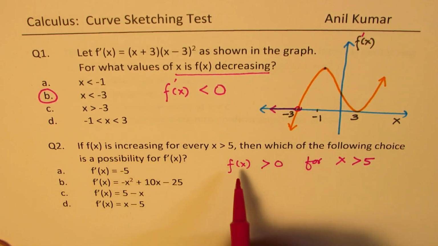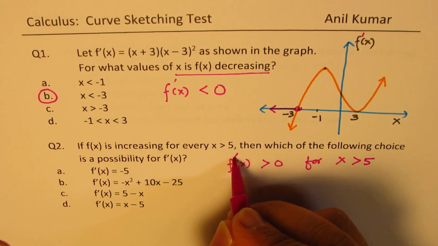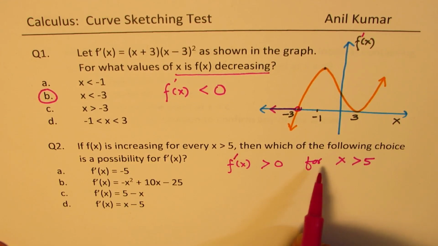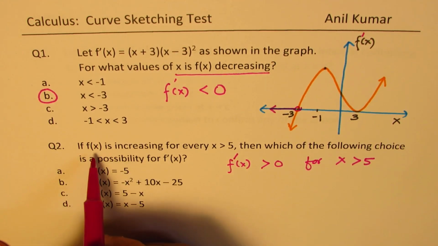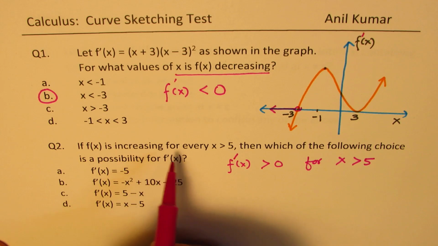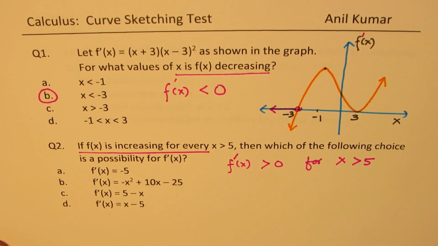So increasing really does not mean f(x) is greater than 0. f(x) is increasing means the derivative is greater than 0 for x greater than 5. Do you understand? So when we say f(x) is increasing, that means the derivative is positive, correct? So this is the key to answer.